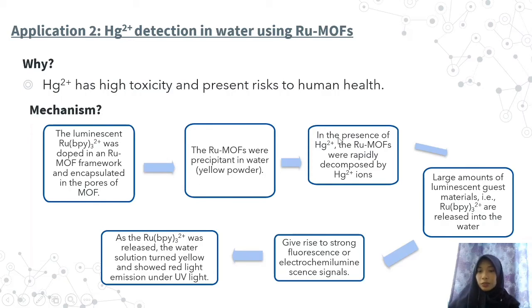In the presence of Hg2+, the Ru-MOFs were rapidly decomposed by the Hg2+ ions, and large amounts of luminescent materials, in this case tris-bipyridine ruthenium, are released into the water, and this gives rise to strong fluorescence or electrochemiluminescence signals. As this tris-bipyridine ruthenium was released, the water solution turns yellow and shows red light emission under the UV light.